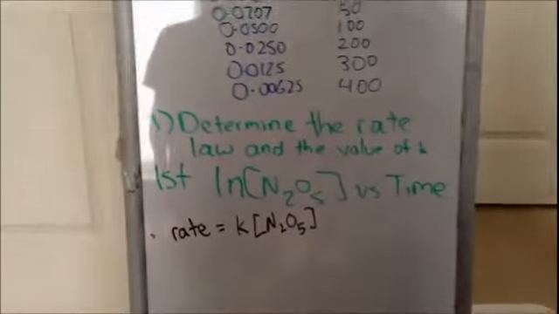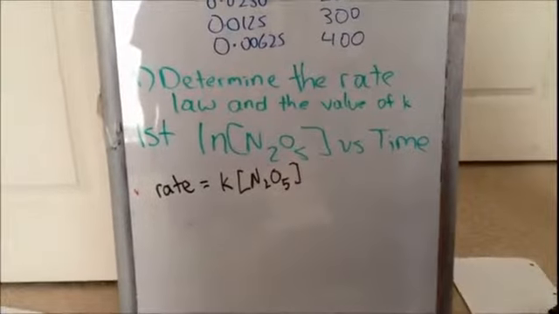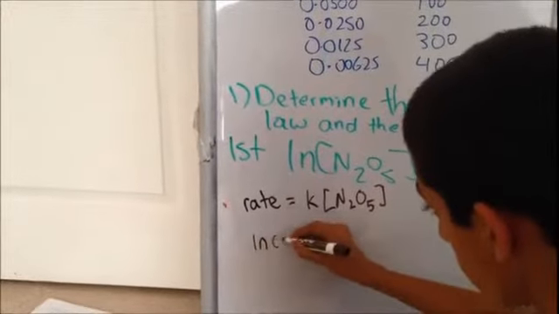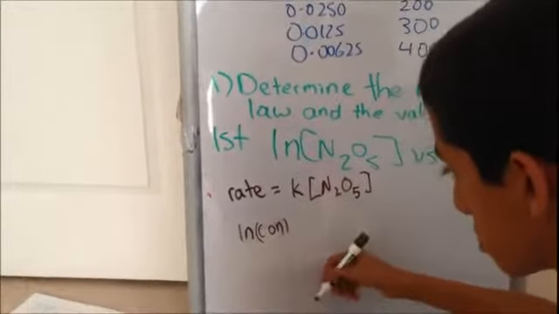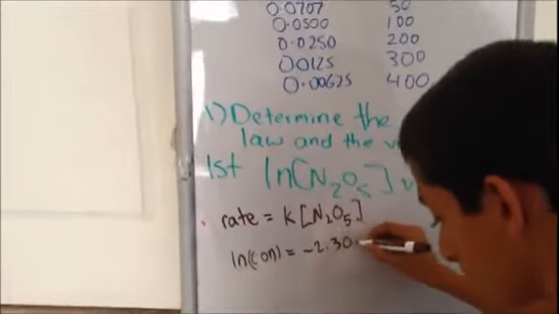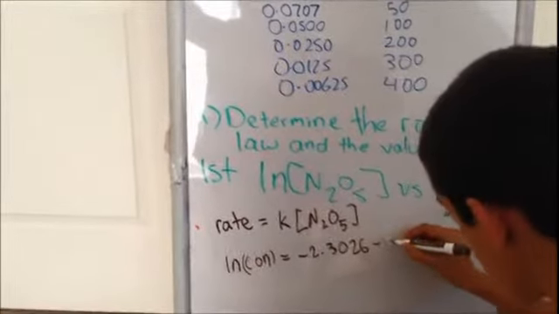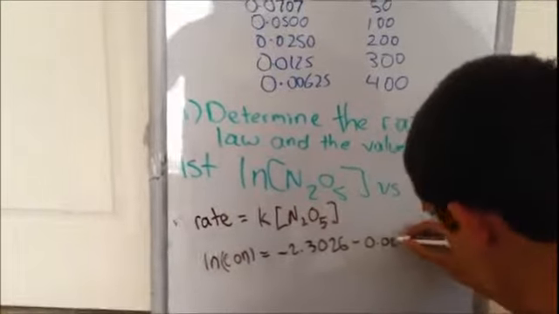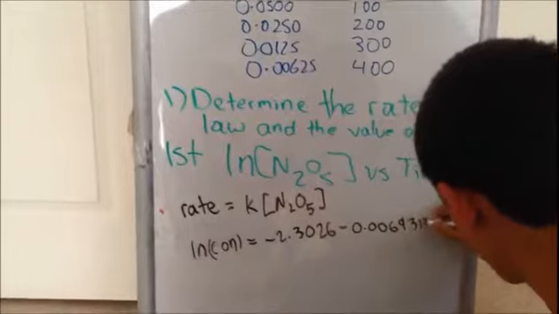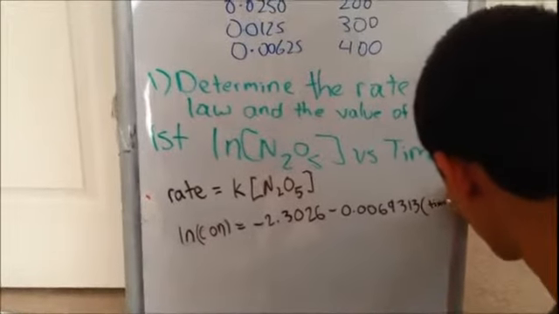Now determining the value of K. Going back to the regression equation we solved for earlier, our regression equation was ln con, so the natural log of concentration, equals negative 2.3026 minus 0.0069313 times time.